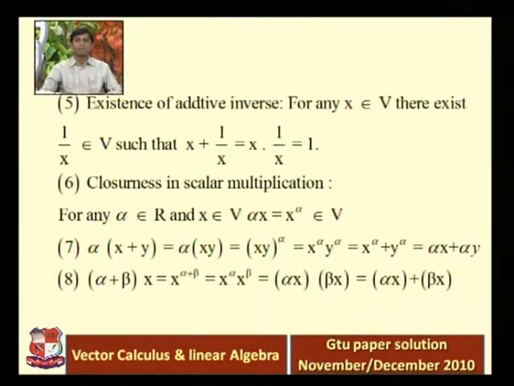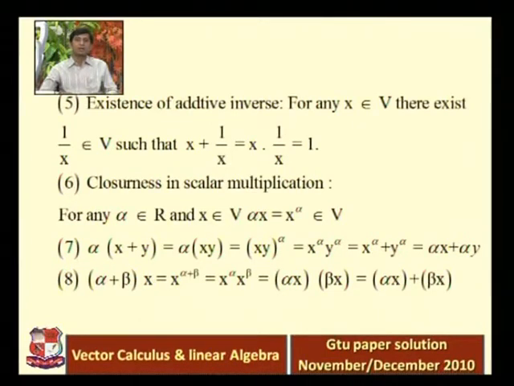So x raised to alpha plus y raised to alpha can be written as alpha into x plus alpha into y. Just I repeat that behind each and every step there is some special reason. Without reason we cannot write any step. So now we have proved that alpha into x plus y is equal to alpha into x plus alpha into y.